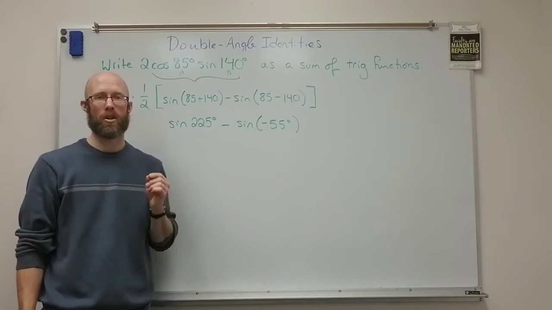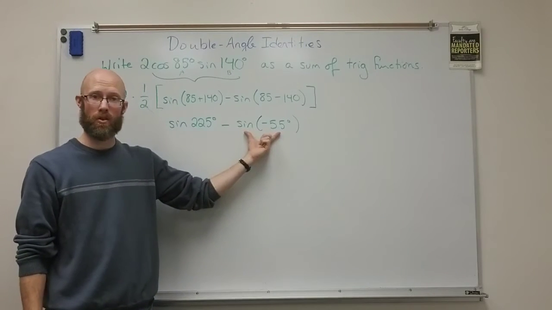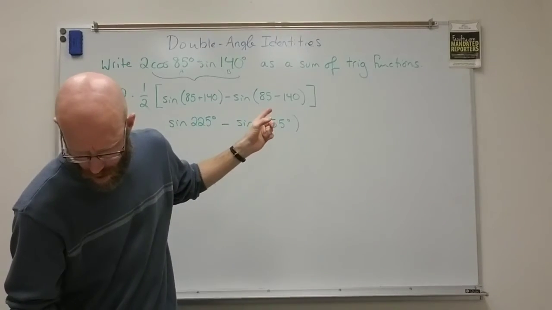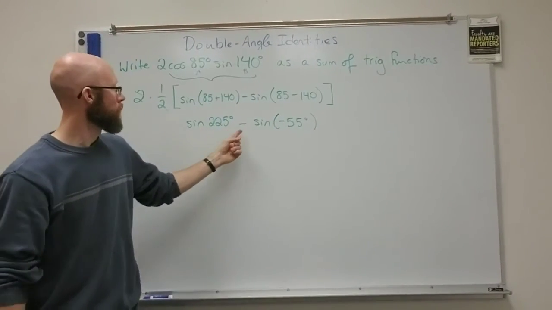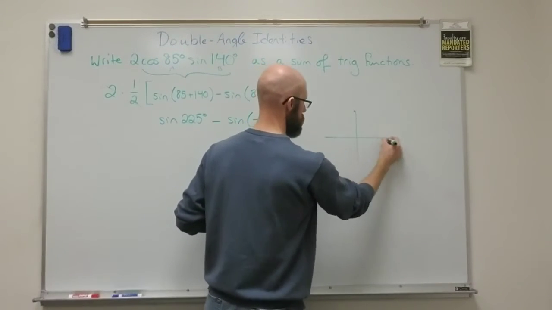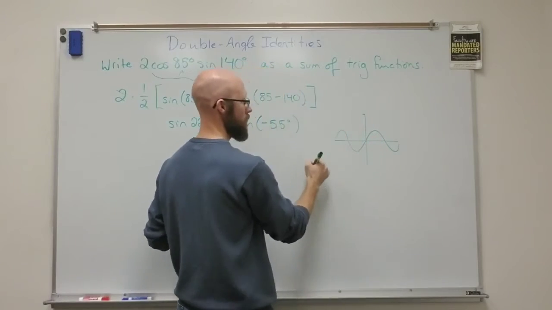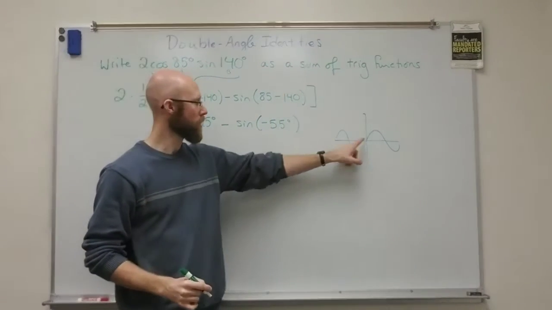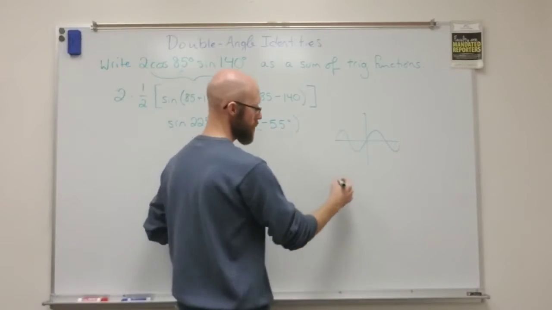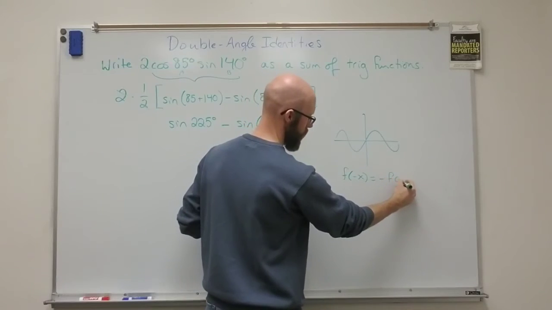Now, we could use an even-odd identity to simplify this further. Just double check and make sure I did that right. Yeah, okay. We know that the sine function is an odd function because it has origin symmetry, right? It's an odd function. And so we know that with odd functions, f of negative x equals negative f of x.